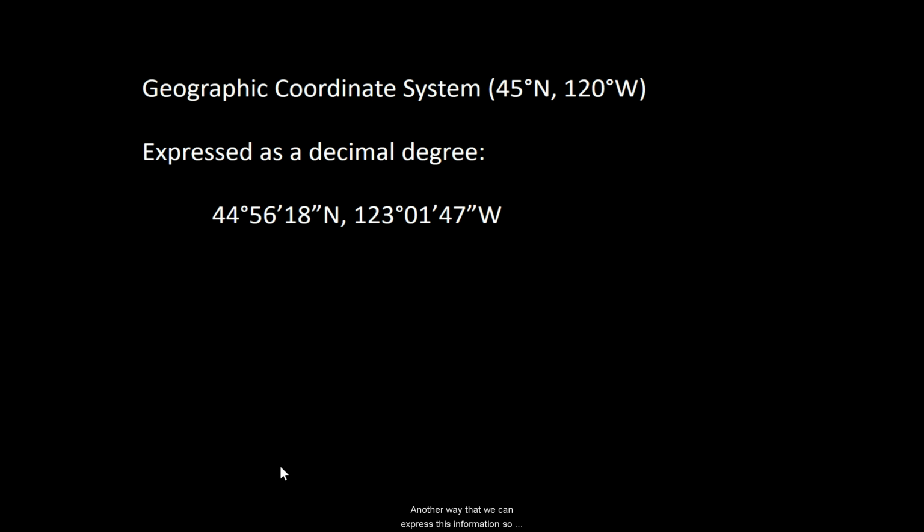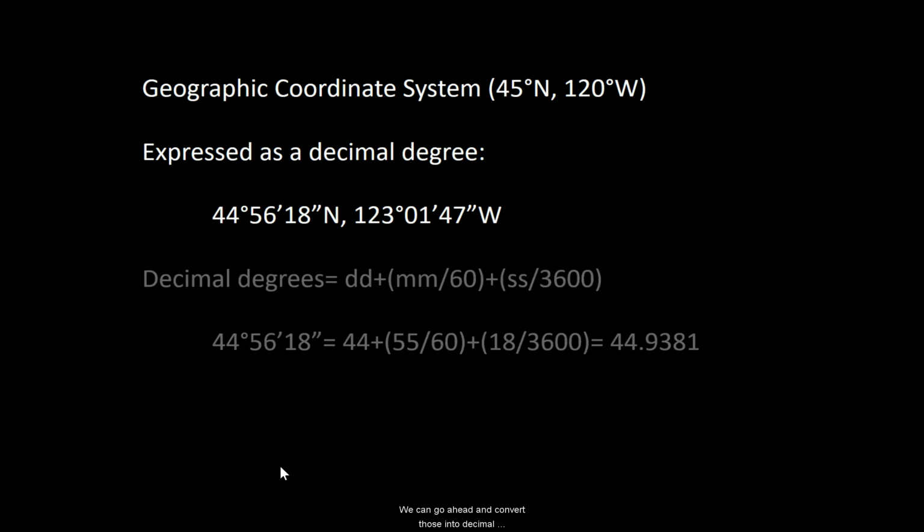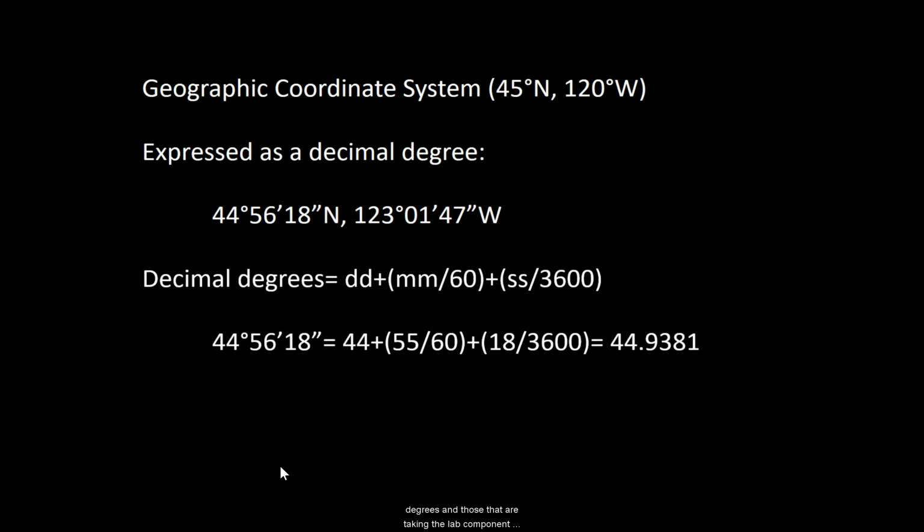Another way that we can express this information, looking again at the 44 degrees, 56 minutes, and 18 seconds north, is to convert those into decimal degrees. Those of you taking the lab component will have some practice using latitude and longitude in the lab section for this class.